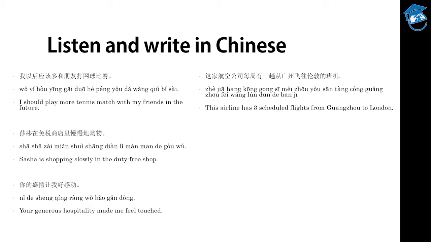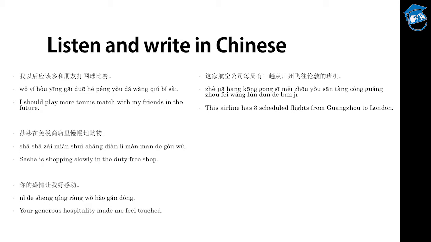Okay, 每周 is a week, per week. 3趟 means 3 times. 从广州飞往伦敦 should be very straightforward.